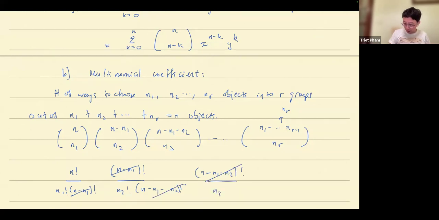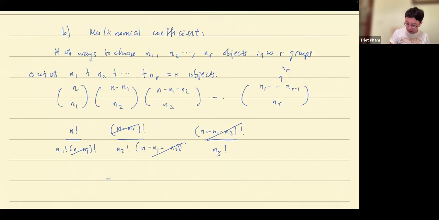So when all the cancellation happens, you end up with exactly that permutation thing that we looked at, which is also called n choose n1, n2, and nr.